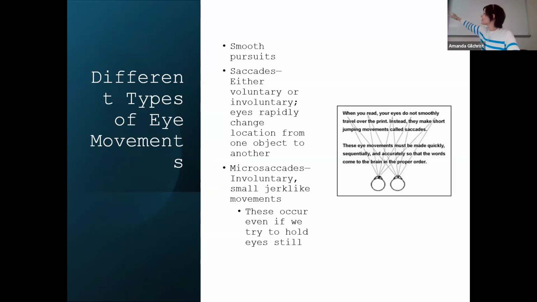You can see this here in this little picture that I provided. When you read, your eyes do not smoothly travel over the print. They make short jumping movements called saccades. These eye movements must be made quickly, sequentially, and accurately so the words come to the brain in the proper order. So we don't actually smoothly move our eyes over text. We make these little jerky movements from word to word.